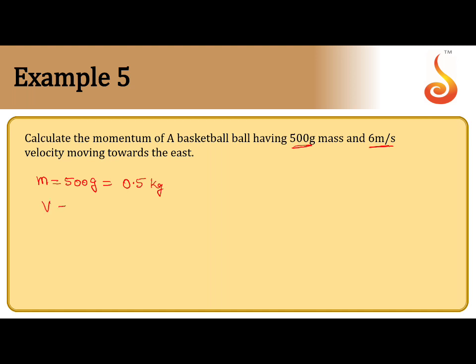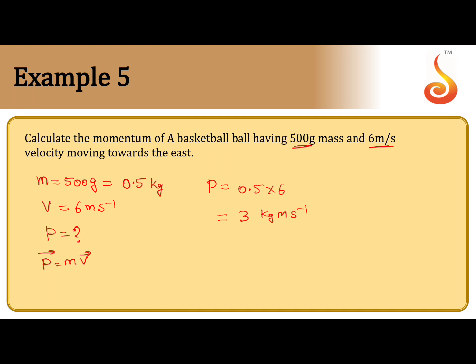The velocity is equal to 6 meter per second. Find the linear momentum. P is equal to mass into velocity. So this will be P equal to 0.5 into 6. This will be 3 kg meter per second.